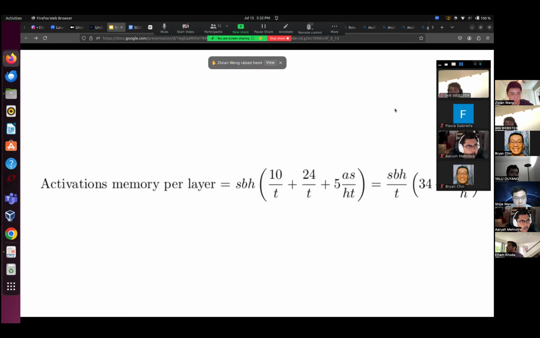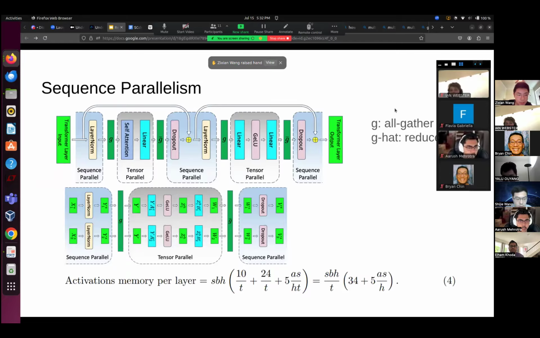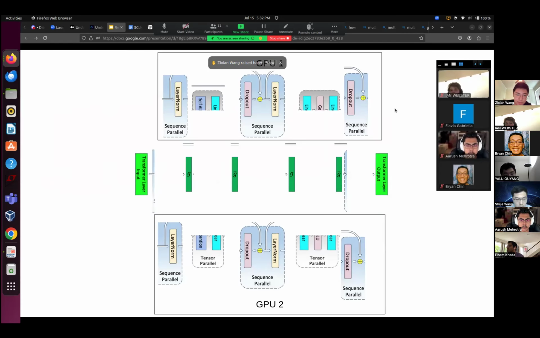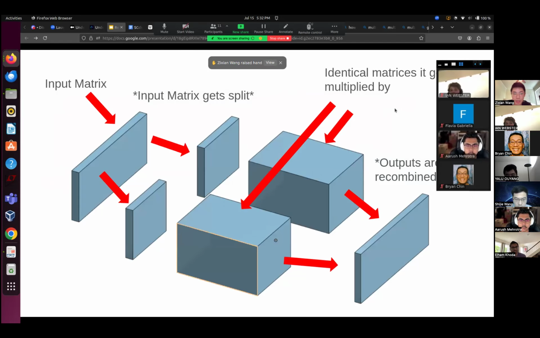Yeah, sorry, I have a question. So you said sequence parallelism is splitting the input in half. But how exactly do you split? Do you split across batches? Do you split across the hidden dimension? Yeah, I believe it splits along the sequence dimension, which means we're keeping the sequence intact for each of the GPUs, right?